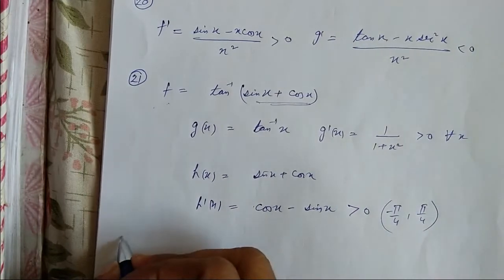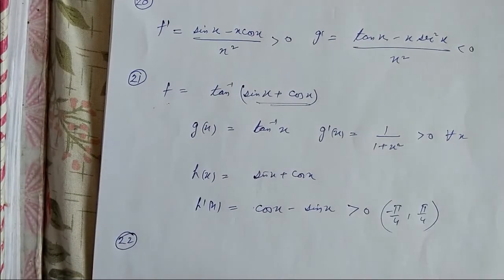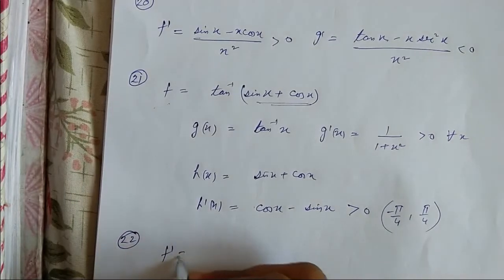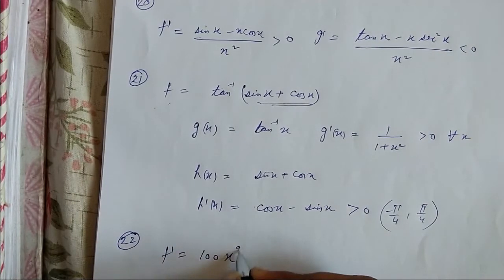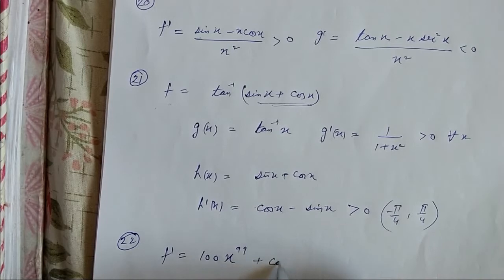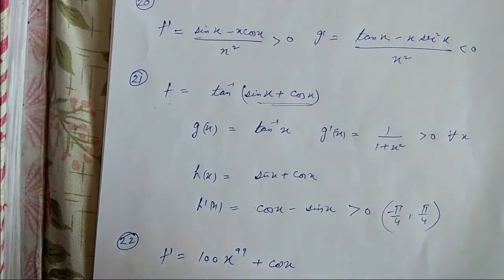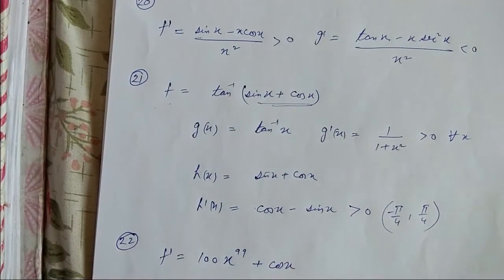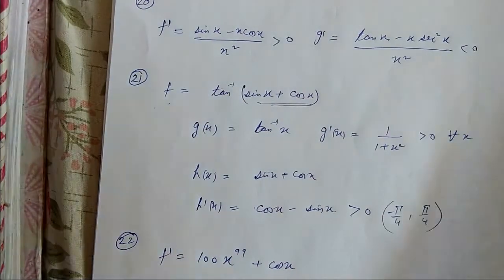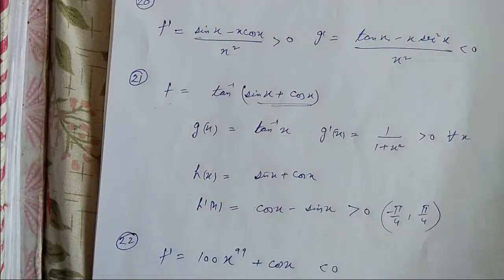Now moving on to the next question, question number 22. On which of the following intervals is the function fx equal to x power 100 sin x minus 1 decreasing? So let's calculate f dash first. 100 x power 99 plus cos x. Okay, so for the function to be decreasing, this has to be less than 0.